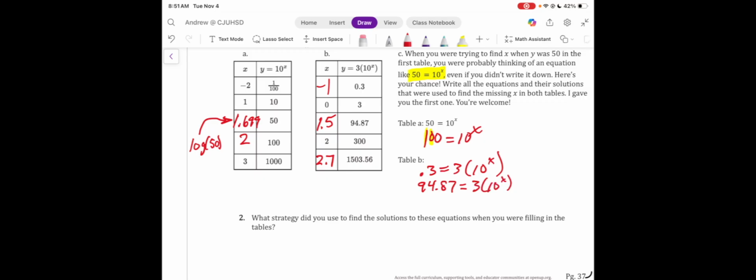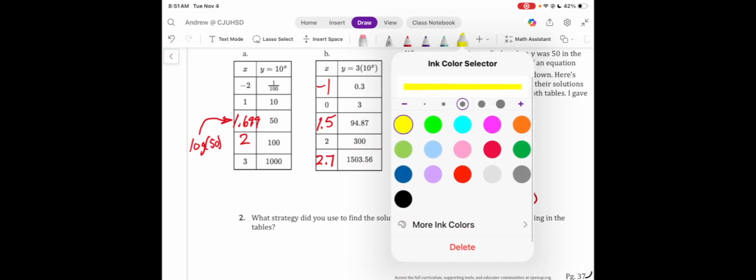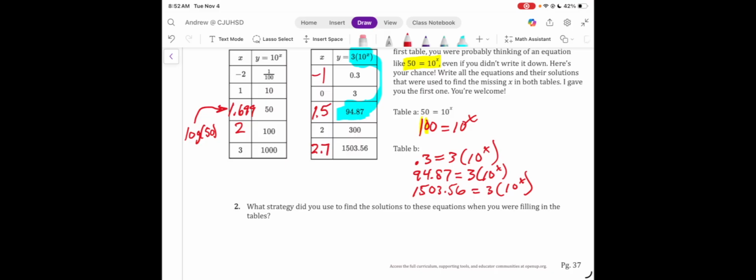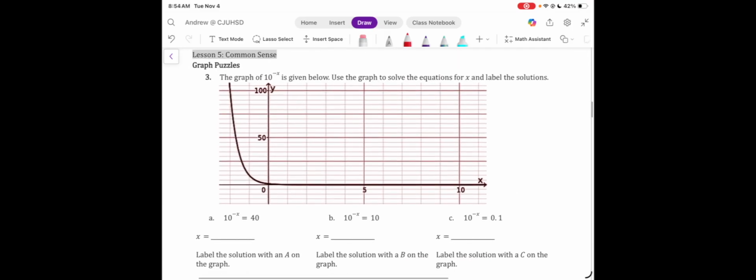And the last one, 1503.56 equals 3 times 10 to the x. So the pattern here is that the expression for the function is equal to the output that you're looking for. That would be the strategy, number 2. Number 3.